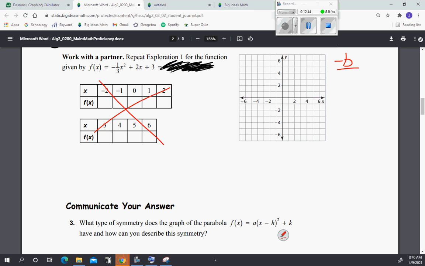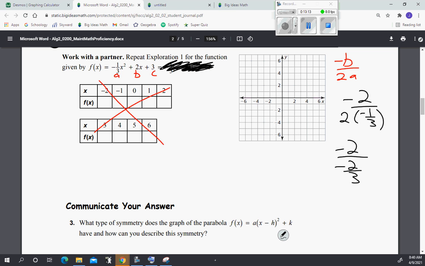-b over 2a. This is a, this is b, this is c. We're going to get -2 over 2 times -1/3. So we get -2 over -2 thirds, which is a weird looking fraction, right?